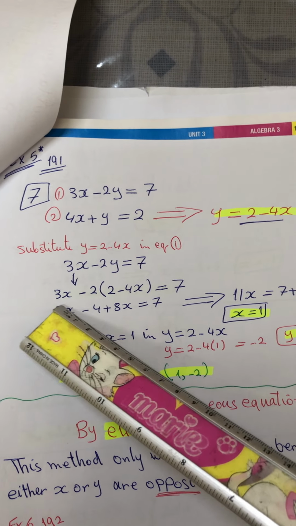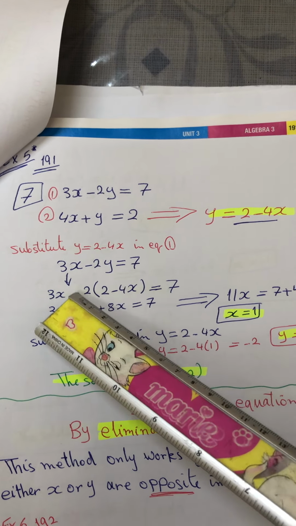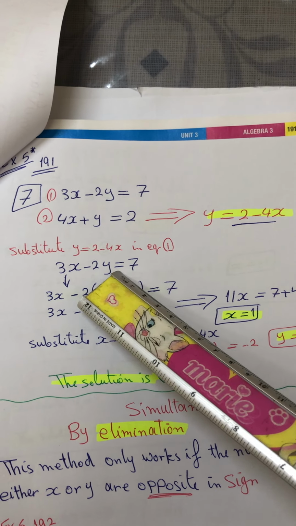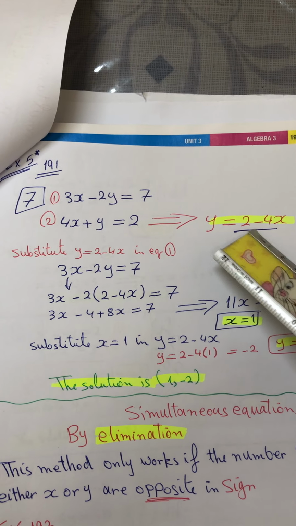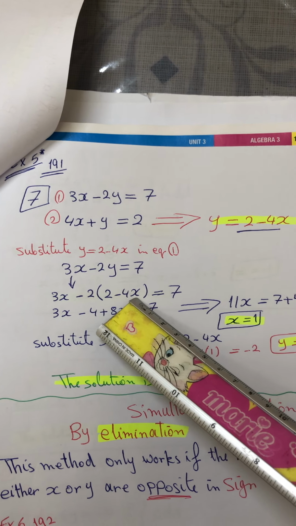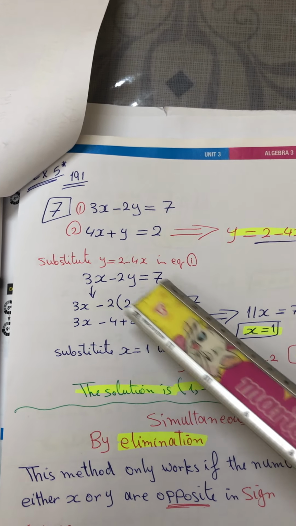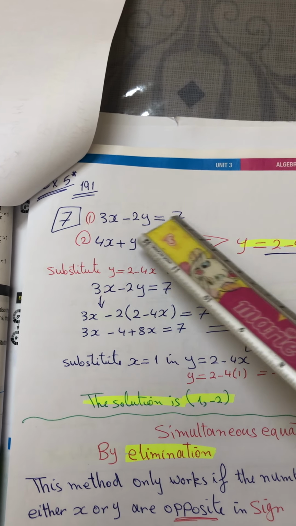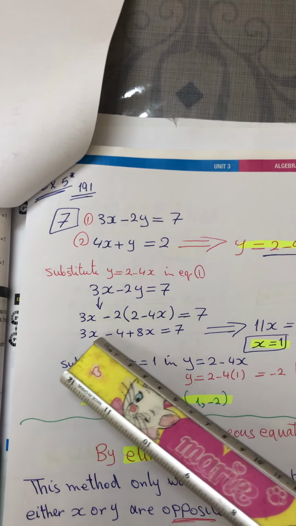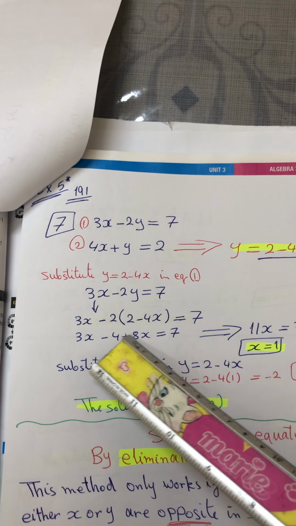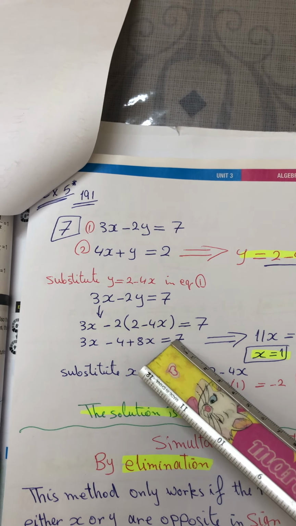I have 3x minus 2y; I'll take minus 2 multiplied by the value of y, which is 2 minus 4x, instead of y, equal 7, like this equation. Now 3x, distribute: minus 4 plus 8x equals 7.